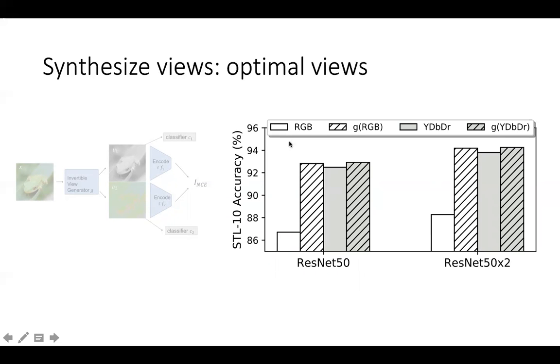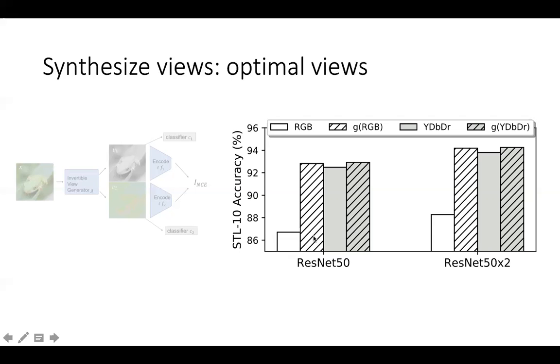And now we compare how this approach can improve the input views. Suppose your input data is RGB, you can of course directly perform contrastive learning on the RGB data, and you get this accuracy. But then you can synthesize the views using the method that we just mentioned, and then perform unsupervised contrastive learning on top of the learned views, and you can see the representation gets improved.